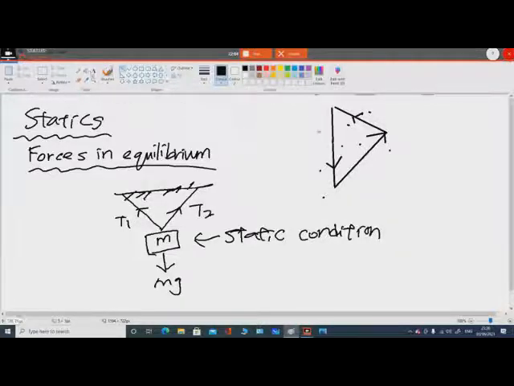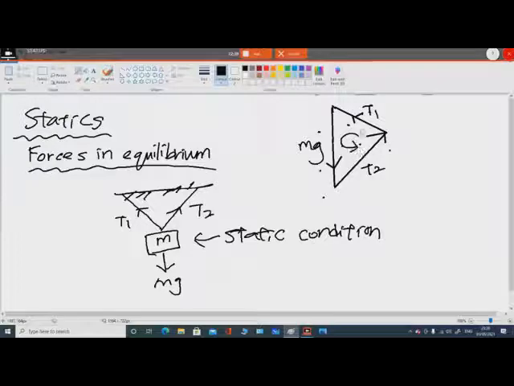So this is my mg, this is T2, and this is T1. As you can see, these three forces in terms of the vector diagram should be attached. These forces acting on this diagram are in equilibrium, so the equilibrium forces in terms of the vector diagram form a closed shape.